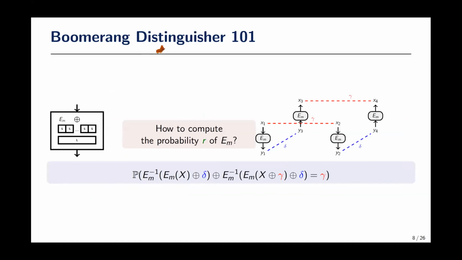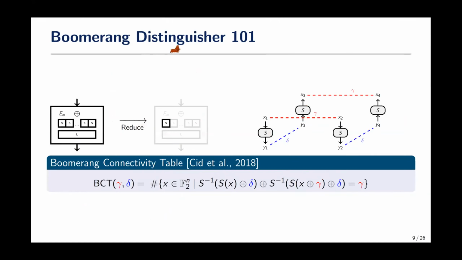So how can we compute the probability r of EM? In Eurocrypt 2018, Cid et al. proposed the boomerang connectivity table, which reduces the problem of computing the probability of the boomerang switch to computing it over an S-box. The BCT entry here is the number of solutions for which the boomerang comes back.